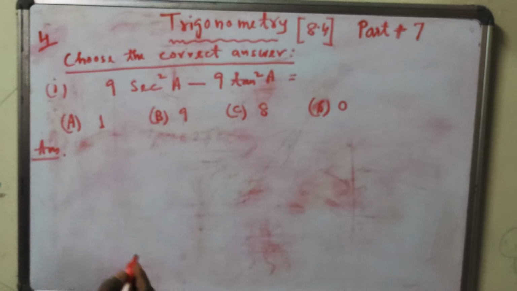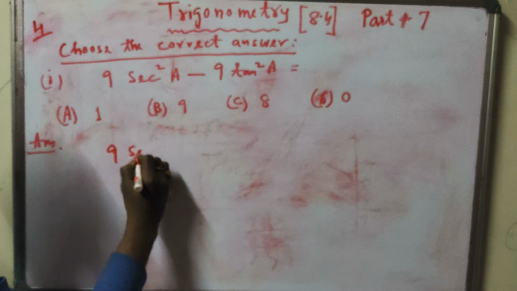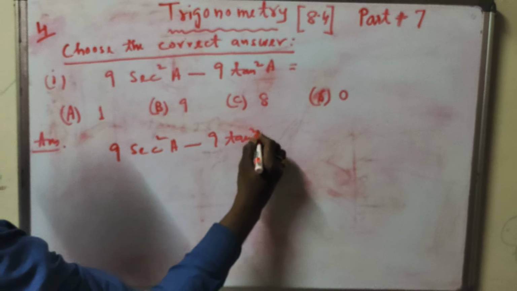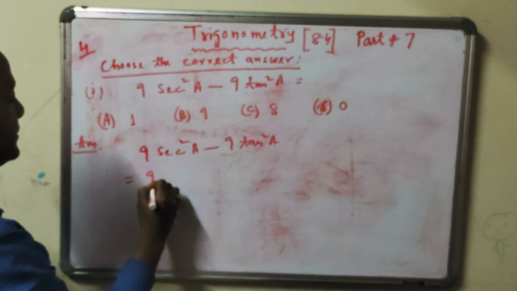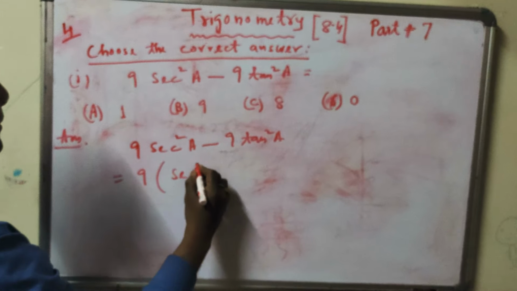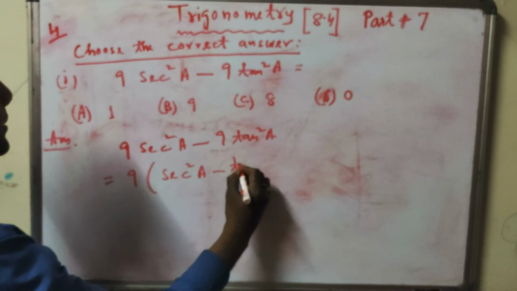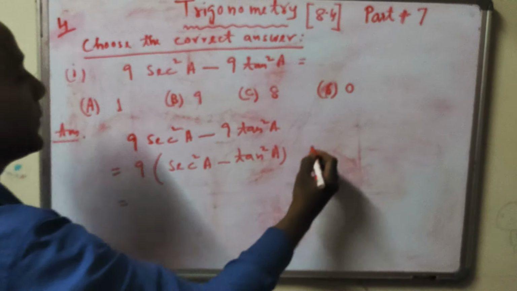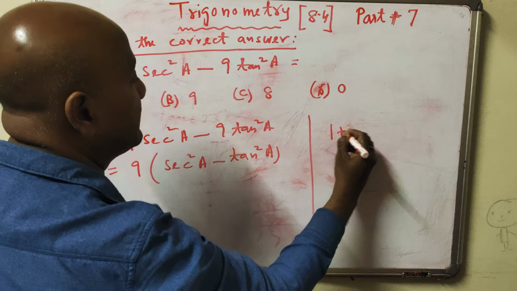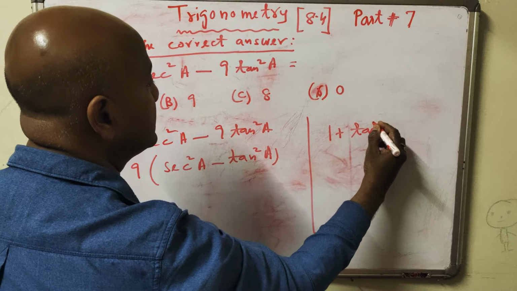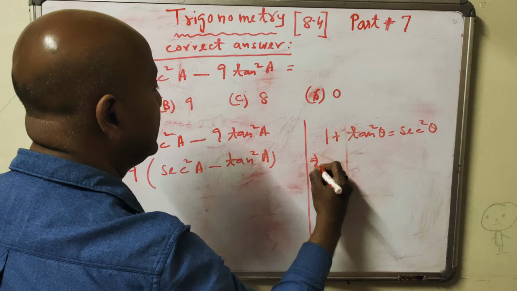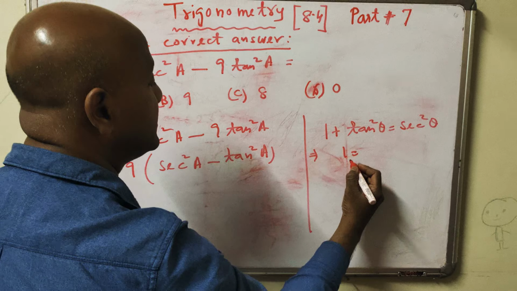Now you see, 9 sec square a minus 9 tan square a. First you have to take 9 common. Sec square minus tan square, 9 is common. You see, in the second formula you got 1 plus tan square theta equal to what? Sec square theta. And in the corollary, I have taught you in earlier parts.